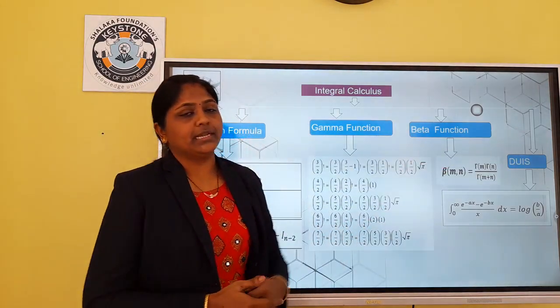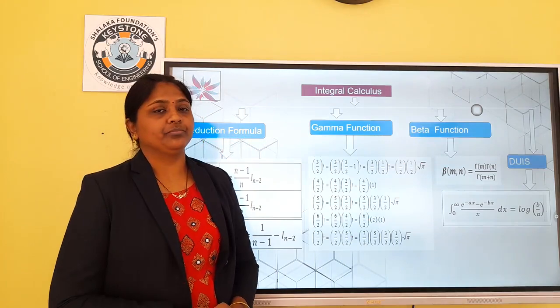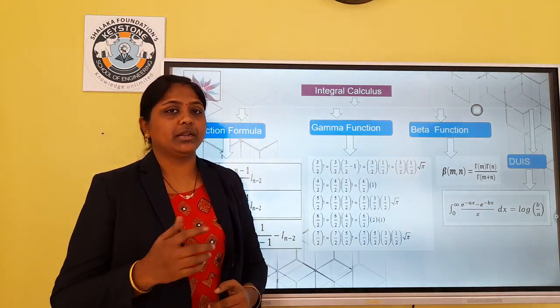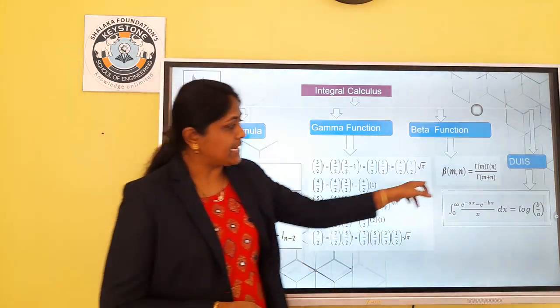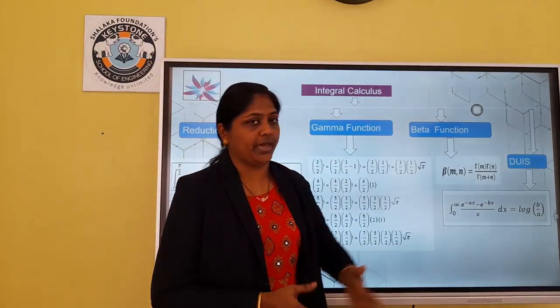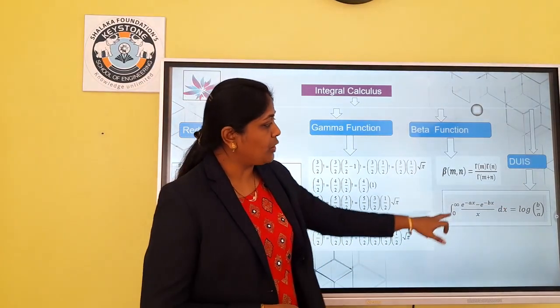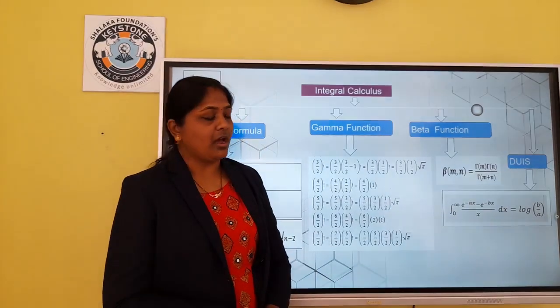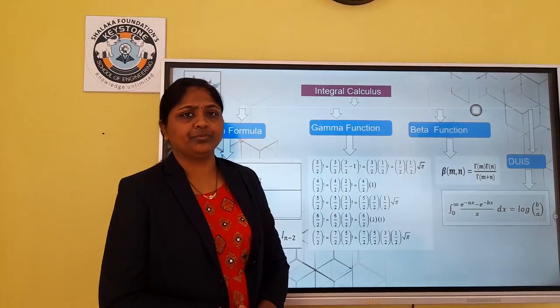Then the next topic, the last topic, is DUIS. The name itself tells it: differentiation under integral sign. If you observe this example, this is the integration, and you have to integrate with respect to x. This may be difficult because there is x in the numerator as well as the denominator. So I can't find this integration very easily, right?